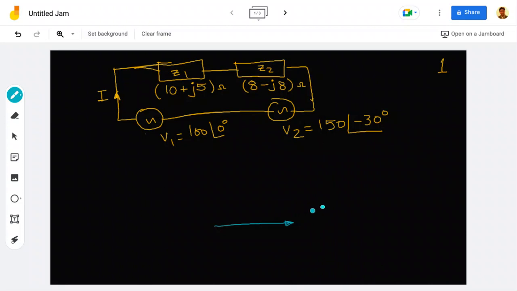It will obviously represent V1, which is 100 volts, and V2 is at minus 30 degrees. So it will be slightly under this, but then the length will be more. So V2 here will be 150.